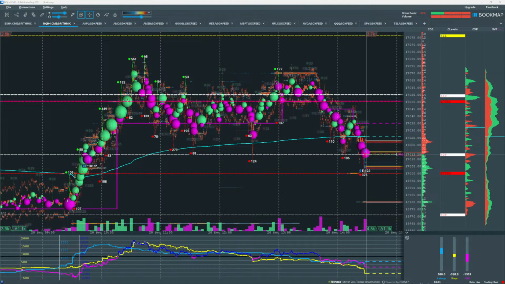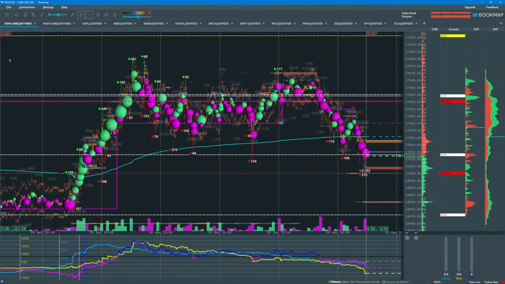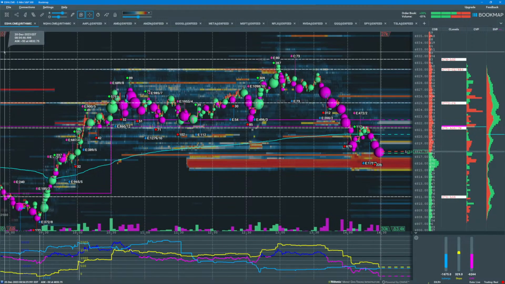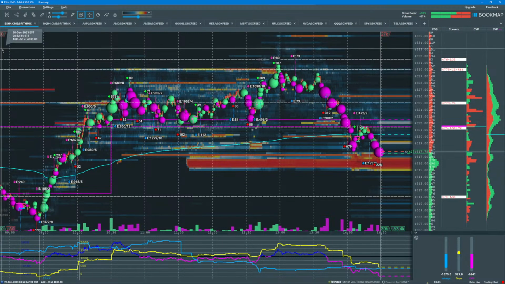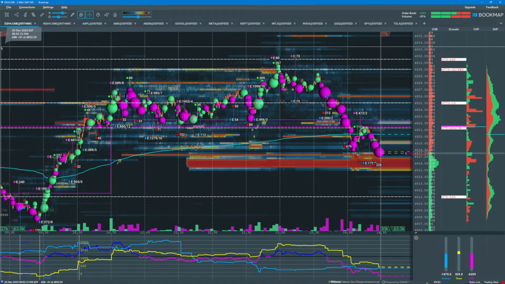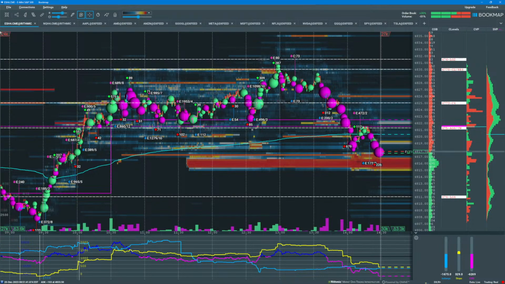Let's see what options traders are doing. Let's check on ES real quick. Pretty similar pattern, and S&P 500 below the 475 call wall.